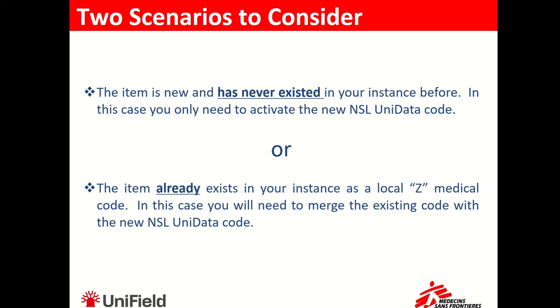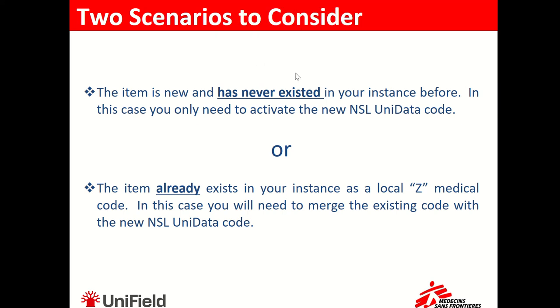When we merge the codes, it takes all the data and all the history from your local Z code, activates the new Unidata non-standard local medical code, deactivates your local Z code, and then transfers all the history of your code onto the new code. So there's no history that will be lost here. You'll keep your historical data and simply transfer it from your Z code to the new non-standard local Unidata code.